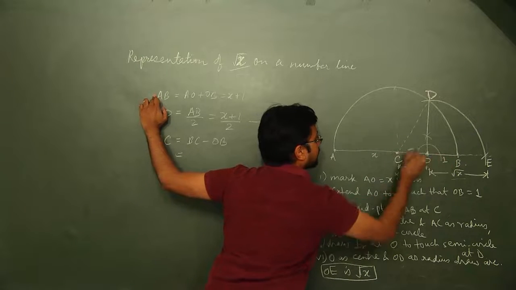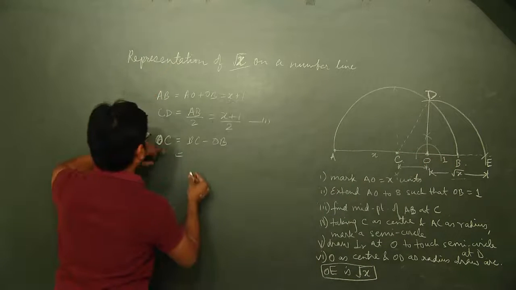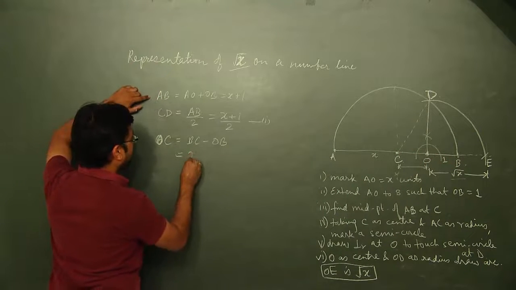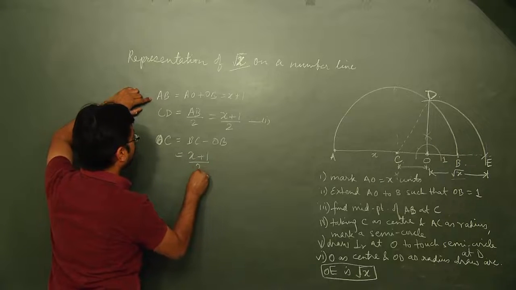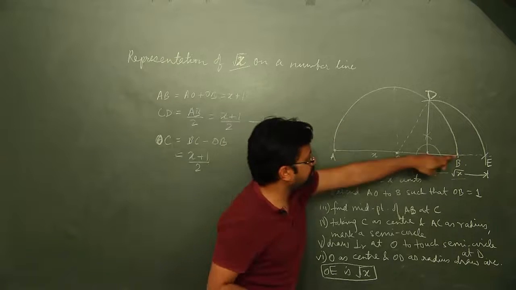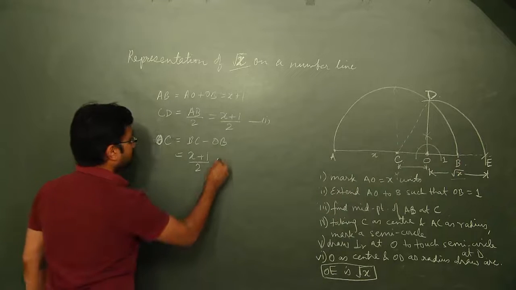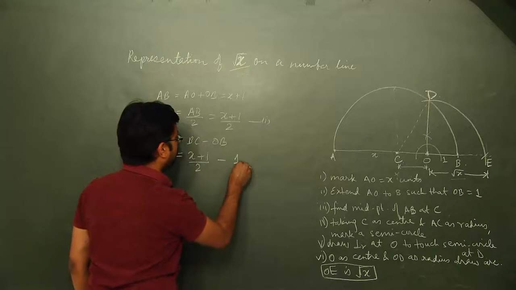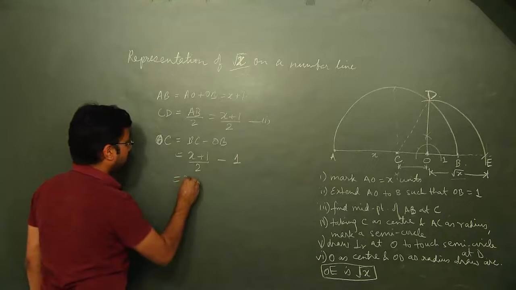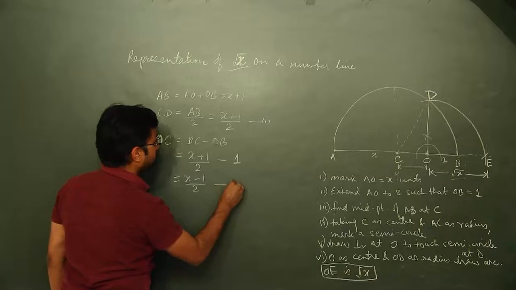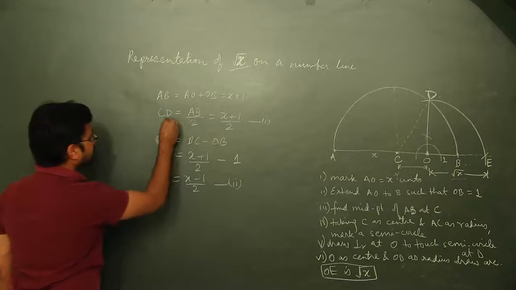AC and BC and CD are all same. So BC is how much? X plus 1 by 2. AB is x plus 1, so BC is half of it. So it will be x plus 1 by 2 minus OB was 1 unit that we had extended it by. So you have x minus 1 by 2. So you have CD and OC.